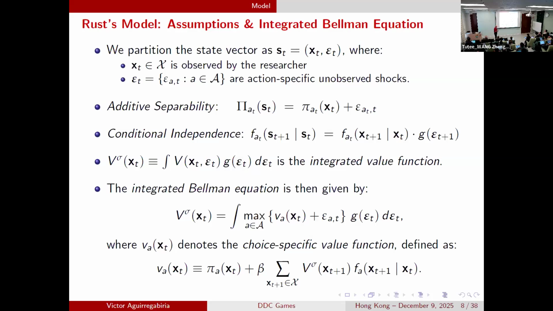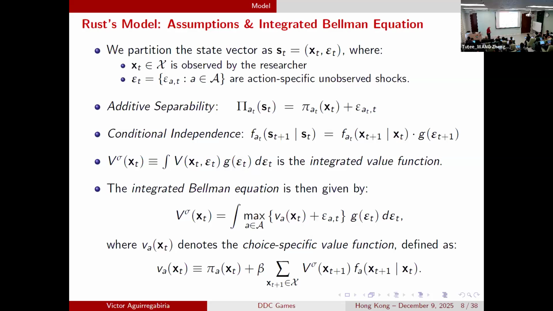This is a stronger version of conditional independence, but it is in fact what we do in practice. In practice, we always assume that these epsilons are independent of the x, completely, in variance and everything. And I find it a little bit pedantic, honestly, to consider this x t plus 1 conditioning.